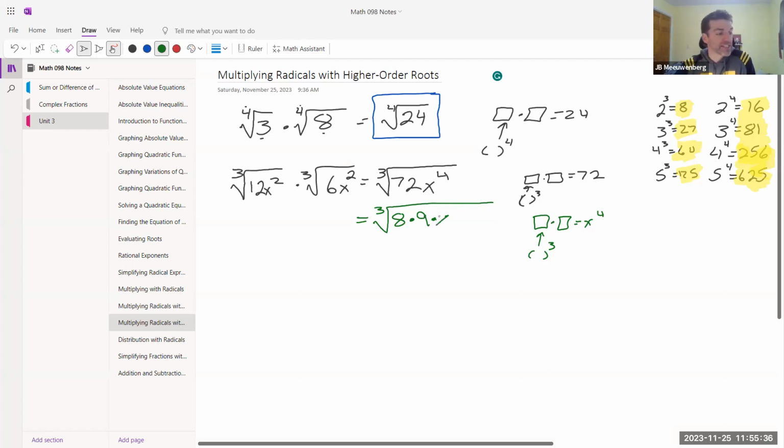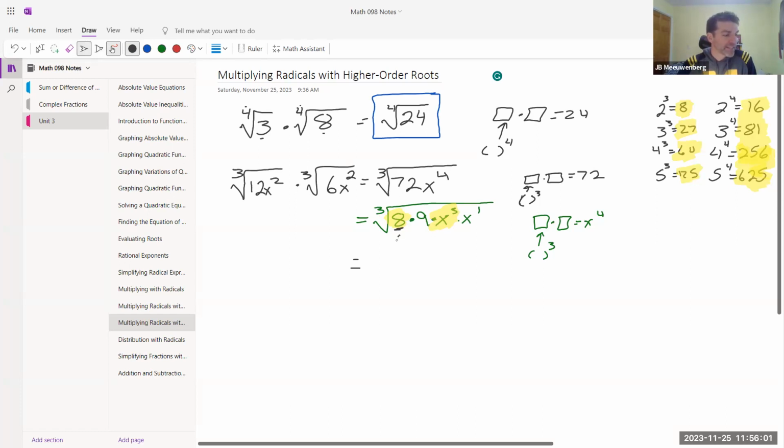So we can break this into x to the third times x to the first. They add up to 4, and this one is a perfect cube. So now we will look at these things that were the perfect cubes, we will take their cube root and pull those out to the front.